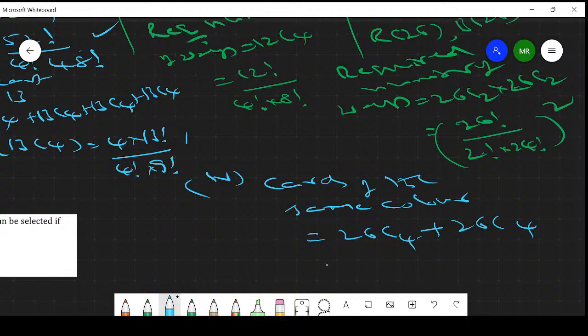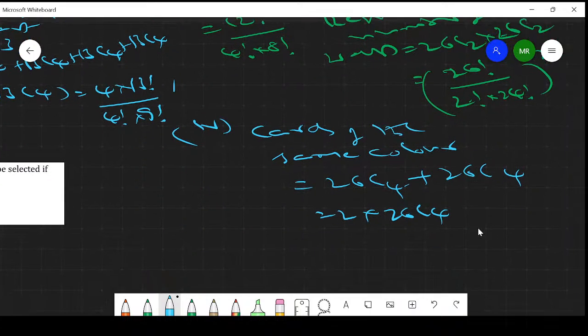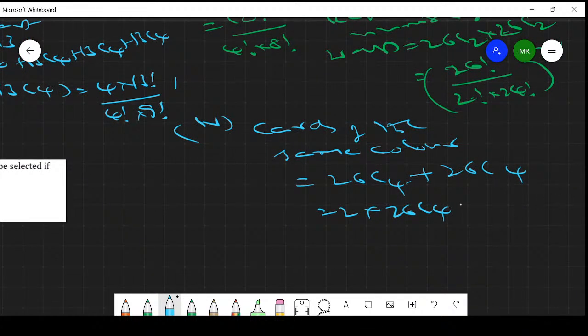Cards of the same color can be taken as 26C4 plus 26C4. You will get 2 into 26C4. Correct. You can simplify 26C4, which is equal to 2 into 26 factorial by 4 factorial into 22 factorial.